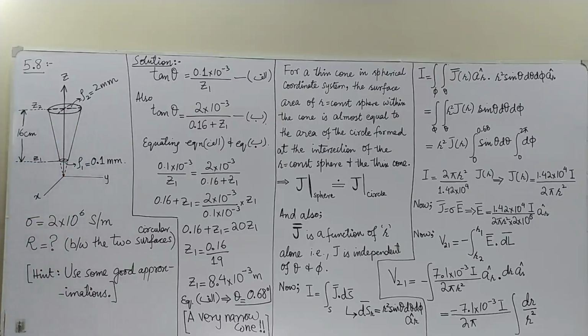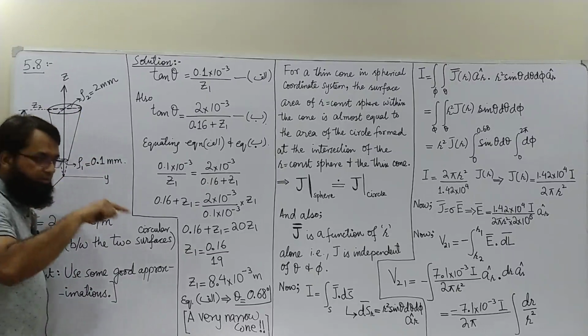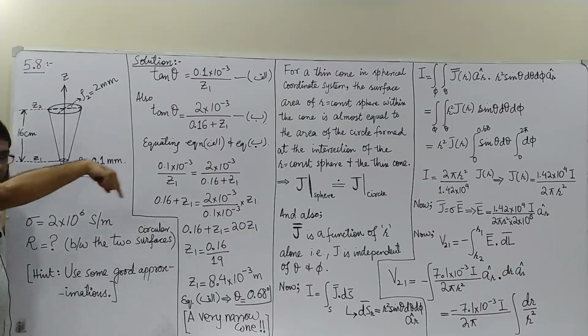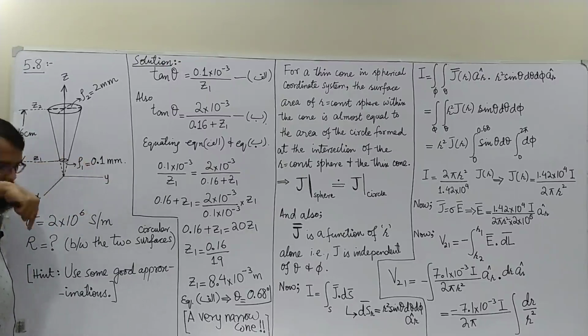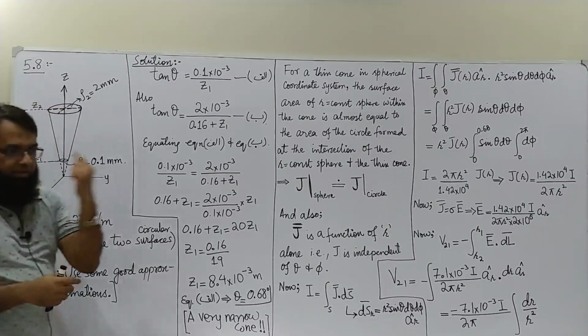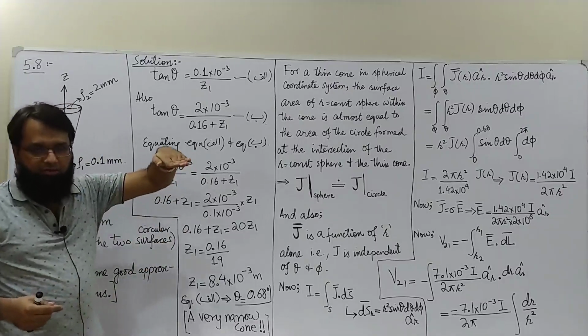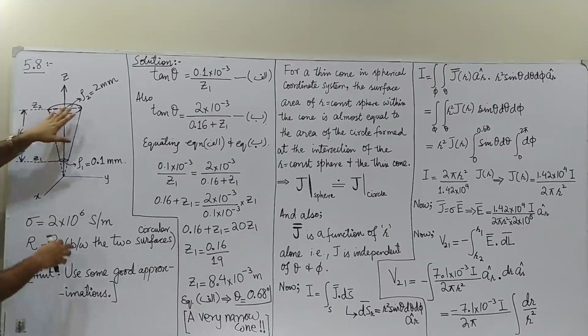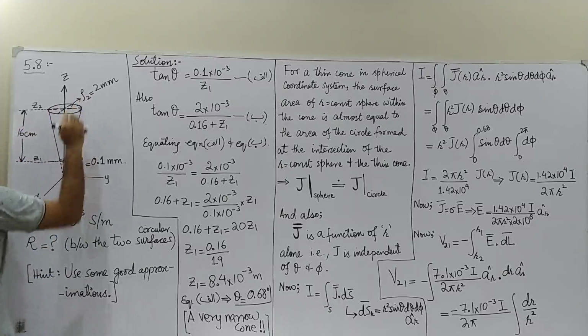Since these circles lie on the horizontal plane, representing their radius by rho makes sense, because in the cylindrical coordinate system the cylinder lies along the z-axis, but the radius is measured along any of the z equals constant planes. Those circles have the radius rho, so that's the reason we are using the notation rho1 and rho2 here.